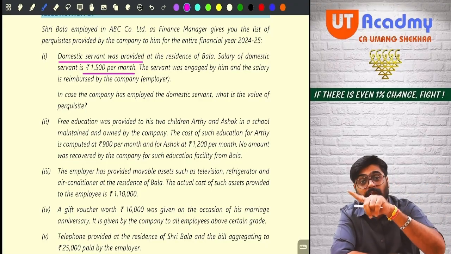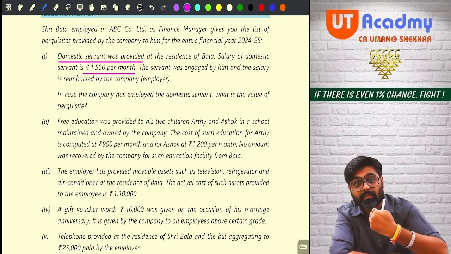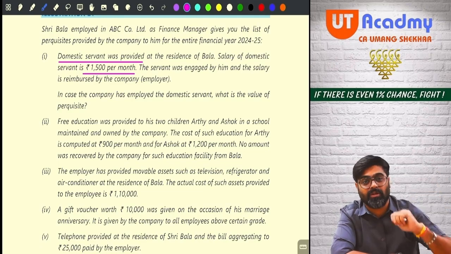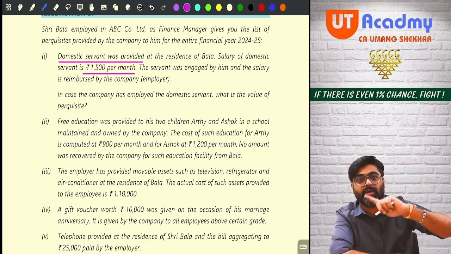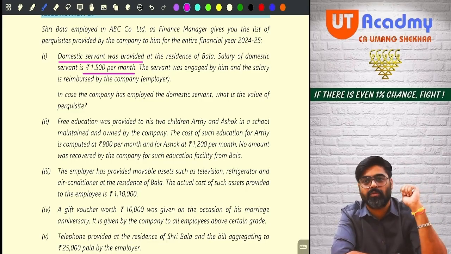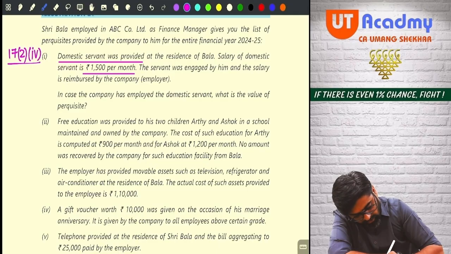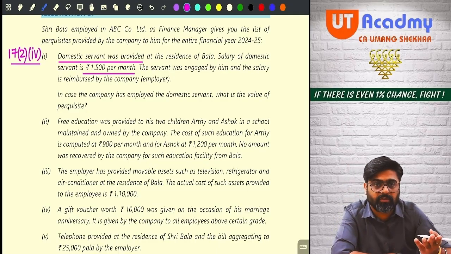But it is not clause 3 now, because the domestic servant was not engaged by the employer. It was engaged by the employee himself. So the employee's liability, the employee's obligation, is met by the employer. Clause 3 or clause 4? Clause 4 perquisite. So here it will be section 17(2), clause 4 perquisite, and as per this clause, whatever salary is paid by the employer for that domestic servant will be his benefit, fully taxable for him.